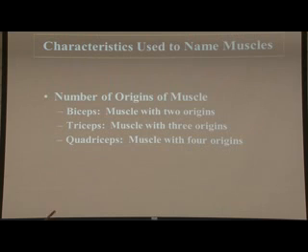So for the number of origins, we're going to have a couple of muscles called the biceps, one muscle called the triceps, and then the thigh muscles, if we think of them all as a group, then they are the quadriceps.